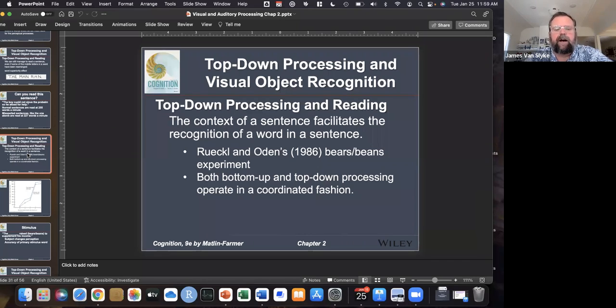And this is based on Rueckl and Oden's 1986 experiment, which is known as the bears and beans experiment. And what they showed is that both bottom up and top down processing operate in kind of a coordinated fashion in terms of understanding what a sentence actually is.